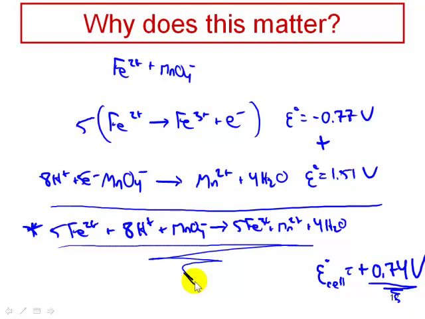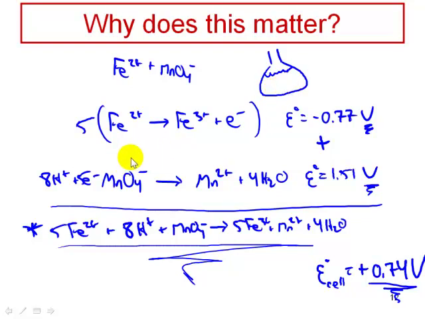Okay? Now, you guys have noticed here that the unit I'm using is volts for the potential. In this reaction, you can imagine, if I were to conduct it by pouring my reactants into a flask, so I put my iron solution and my permanganate solution in here together, these guys react.